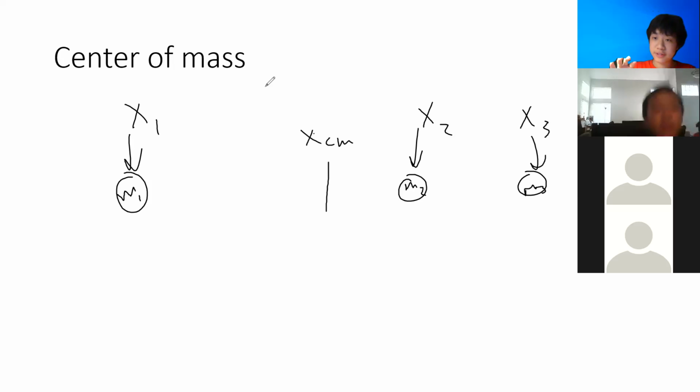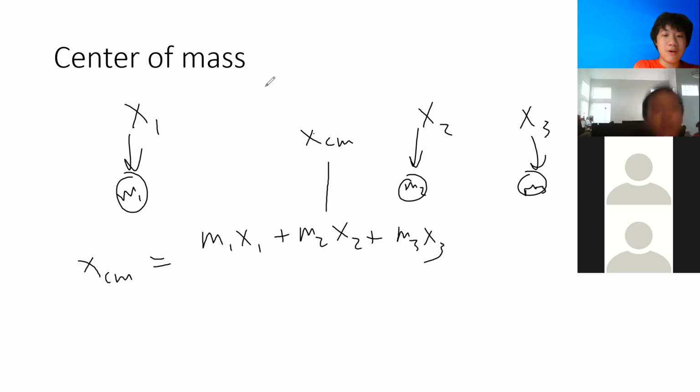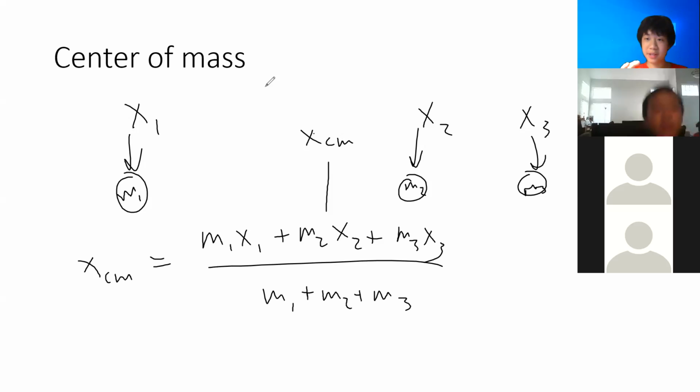But the formula for center of mass is going to be xcm is equal to m1x1 plus m2x2 plus m3x3 over m1 plus m2 plus m3. So that is the formula for center of mass. We take the mass of every object multiplied by where it is, and we add all those together, and we divide through by the sum of their masses. And this formula works for however many objects we may have, right?